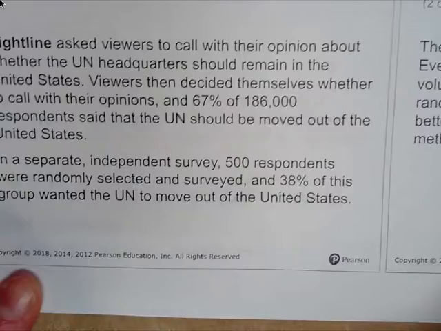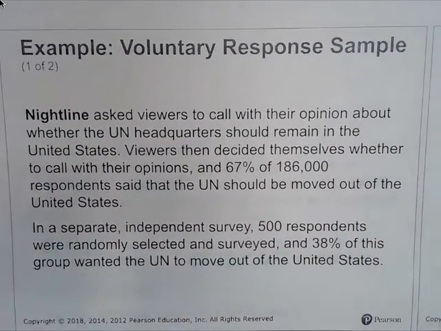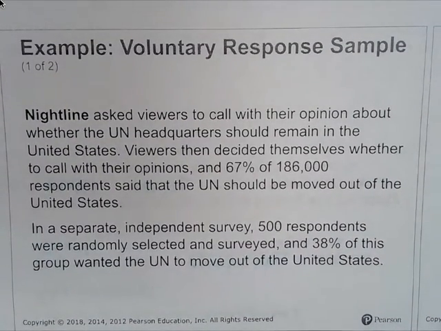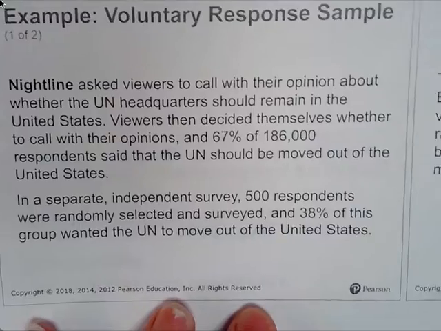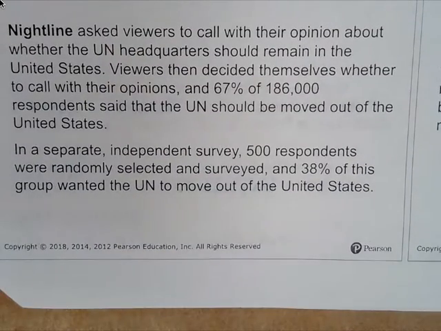Okay, let's look at the next slide. So Nightline asked viewers to call with their opinion about whether the UN headquarters should remain in the U.S. But viewers then decide themselves whether to call in with their opinions. 67% of 186,000 people responded and said it should be moved out of the U.S. But in a separate independent survey, where you had 500 respondents who were randomly selected and surveyed, 38% wanted the UN moved out of the United States.